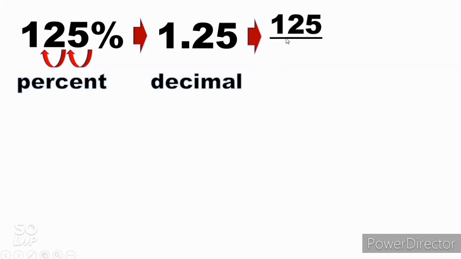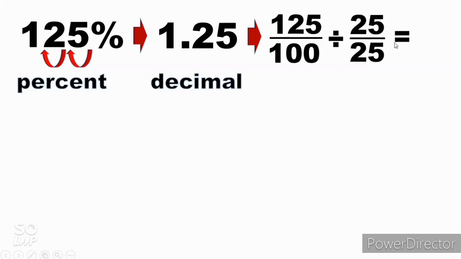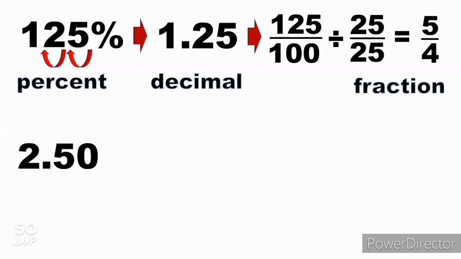And then to convert it to fraction, we're going to divide by 100. Okay, because the decimal place of 1.25 or 0.25 has 2. Okay, so divided by 100. Then, lowest term, by dividing both sides by 25. So, 125 divided by 25 is 5. 100 divided by 25 is 4. So, that is a fraction.